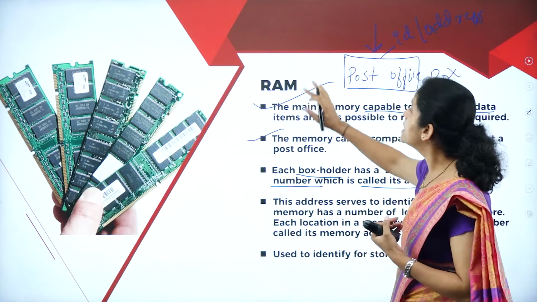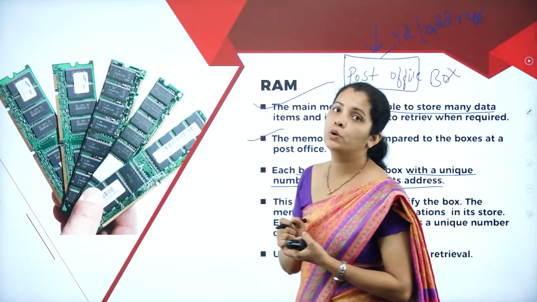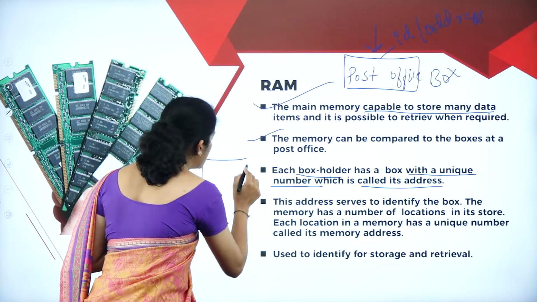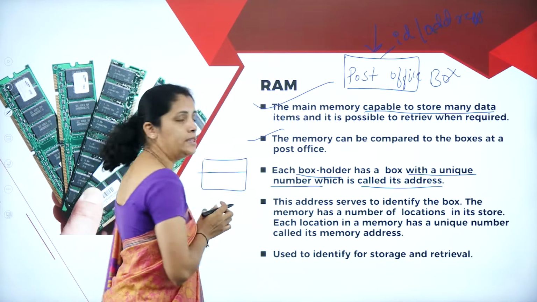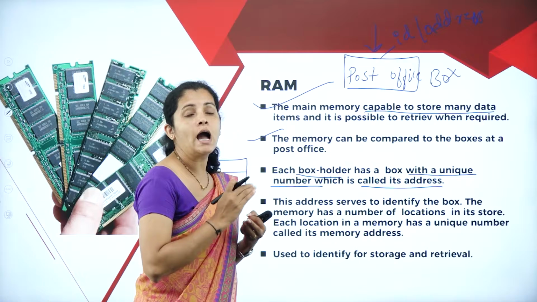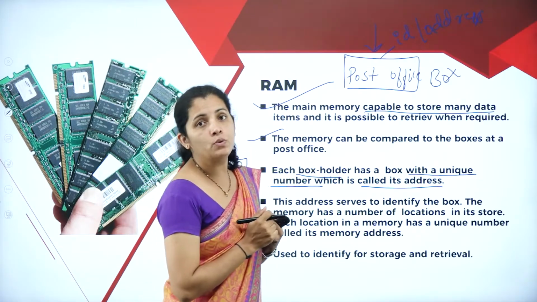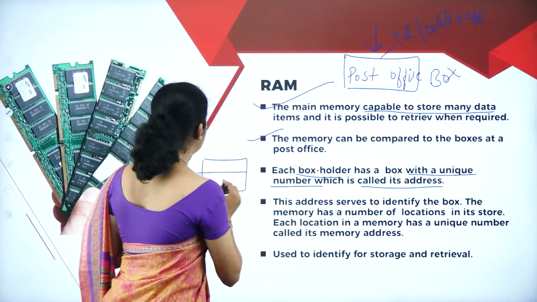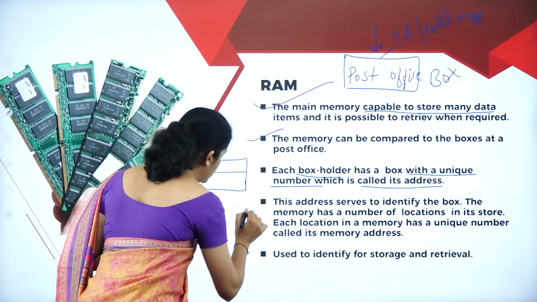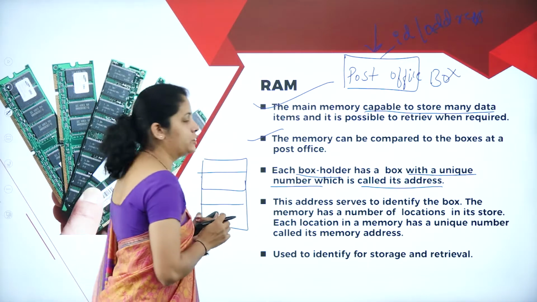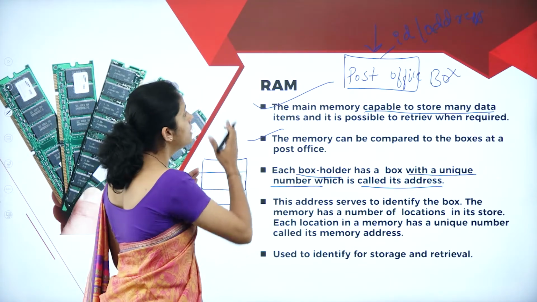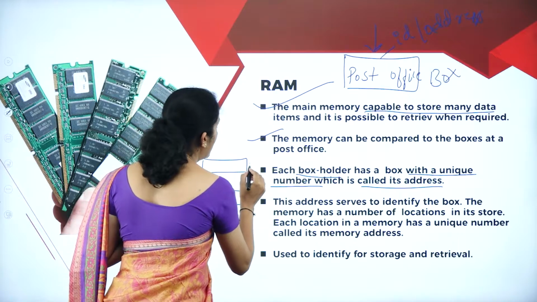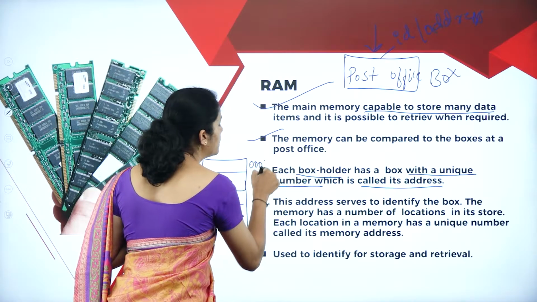Same as in a computer system, you have memory, and all the programs are stored in the computer memory. And how is it possible to identify the program? Based on the address. So for example, think that this is the random access memory location, and think that it is of type byte.